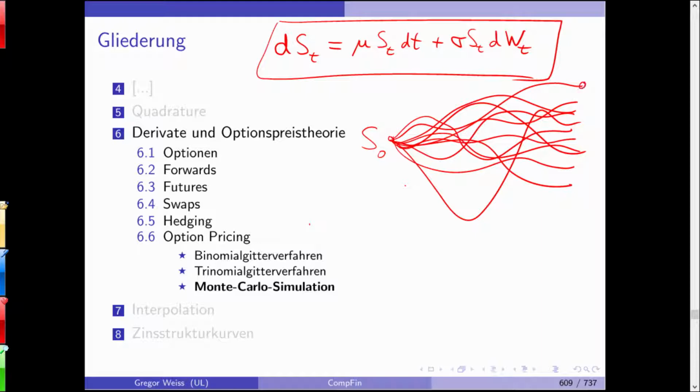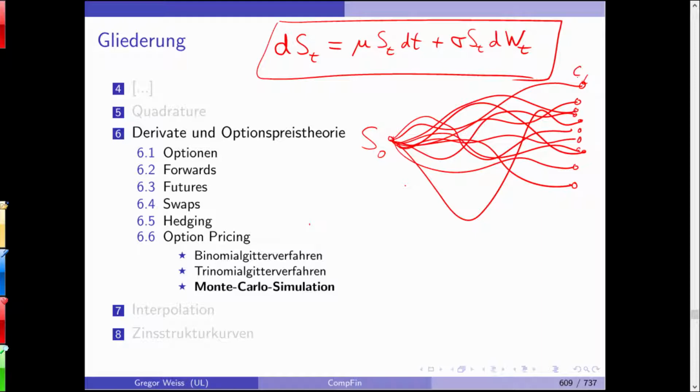And then you have 1, 2, 3, 4, 5, 6, 7, 8, 9, 10, 11 potential future stock prices. And what do you do then? You calculate how much the option would have been worth if this was the final terminal stock price.